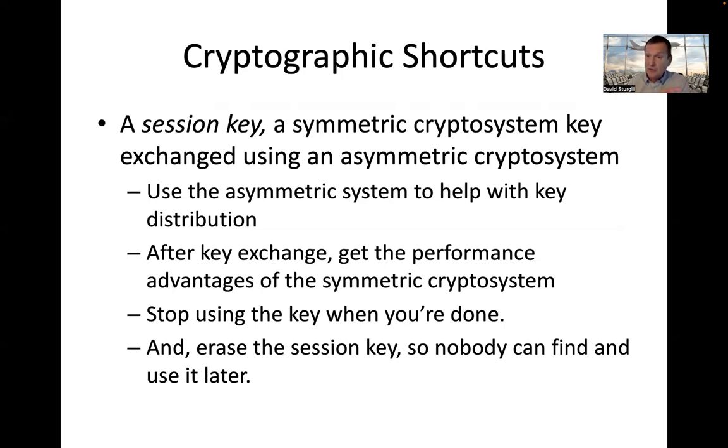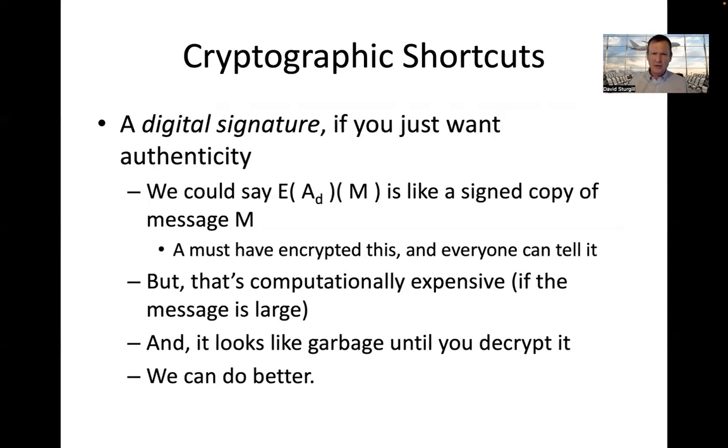So this is a common trick to get a lot of the advantages of asymmetric encryption, in terms of what you can do, but a lot of the performance advantages of a symmetric crypto system. I think of this as a cryptographic shortcut, because most of the time, after we've agreed to our session key, we're going to use fast, cheap, symmetric encryption to communicate secretly.